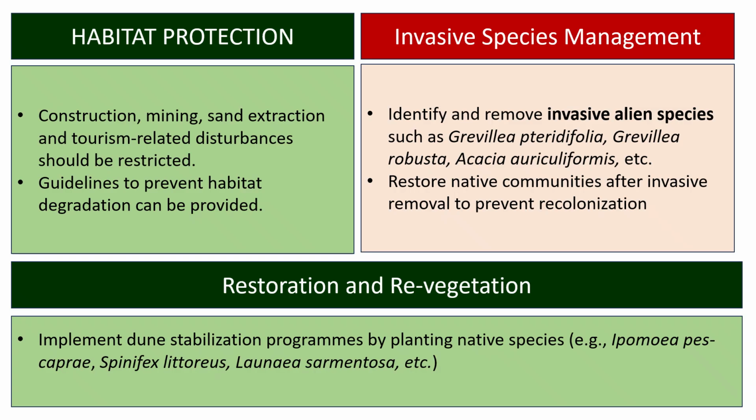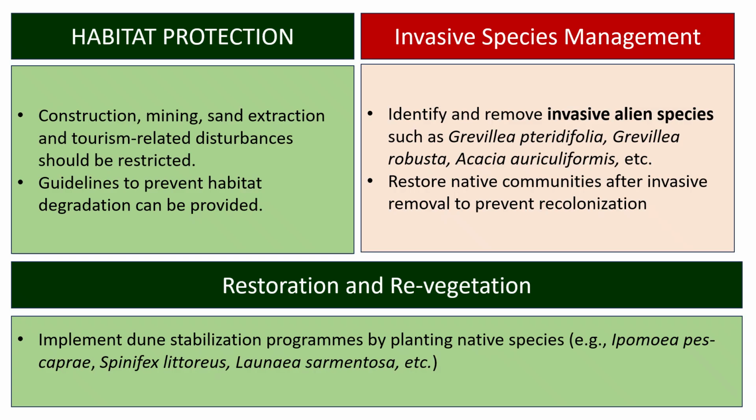And then restoration and revegetation, where we can implement the plantation of the native plants, especially of the particular habitat, like you can go for plantation of Ipomoea pes-caprae, Spinifex littoreus, Launaea sarmentosa, and many other species.